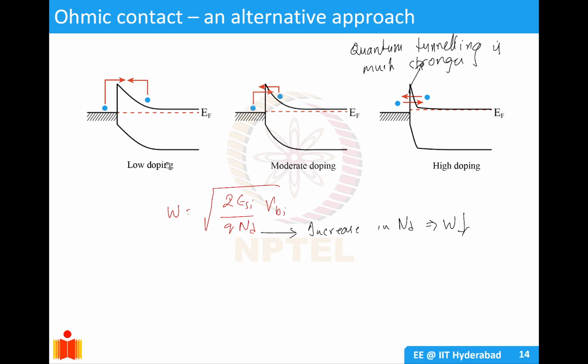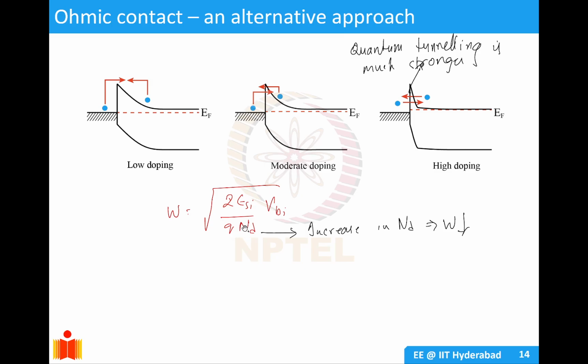An alternative approach to see this would be, if you have a low doping in the semiconductor, you will have a huge barrier. Your depletion width will be larger, because the depletion width is given as the square root of 2 epsilon_Si over q N_D times V_bi.